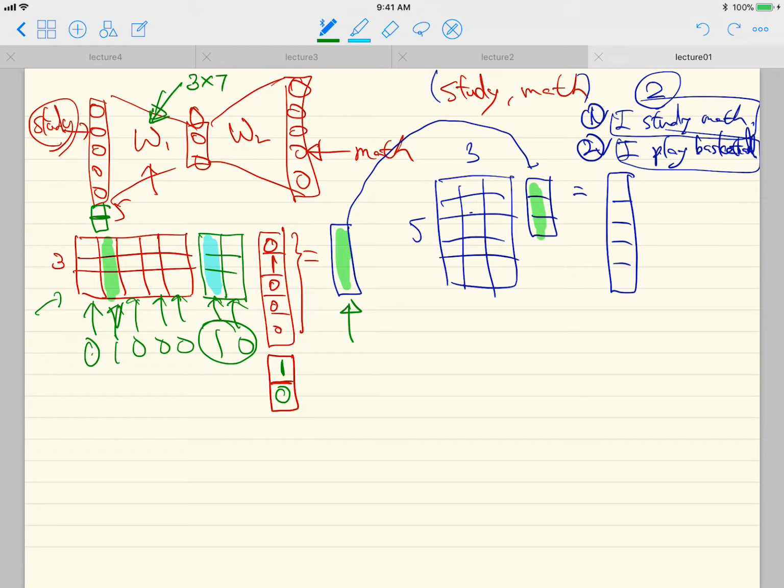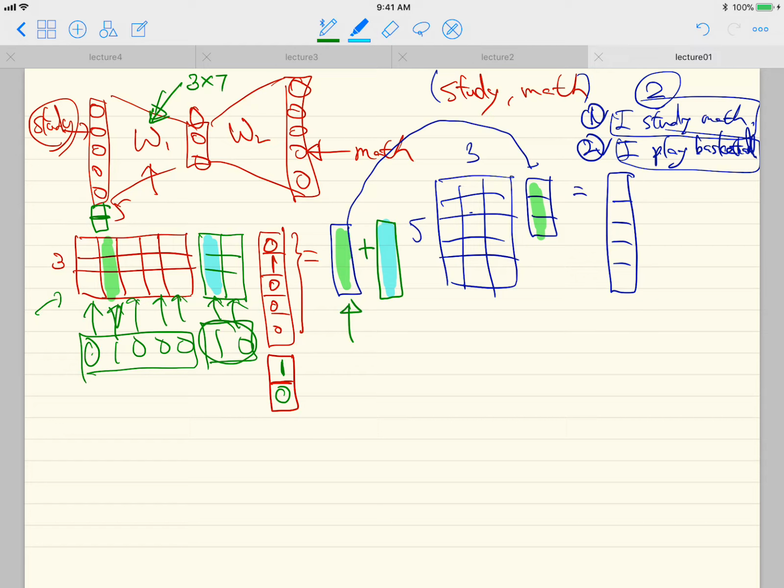But in the case of this doc2vec, we have a one-hot vector over here, and then another one-hot vector representing the document index, and thus the resulting output will be this guy plus this guy. Okay, so basically picking up this vector and this vector, we pick these two up, and then add them together, right?